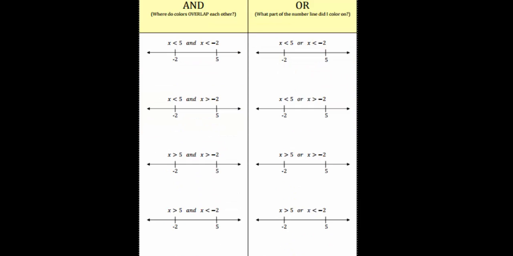Before we get good and started, before I graph, my trick whenever I write the answer in interval notation, I ask myself, where is there overlap? And this is for and.